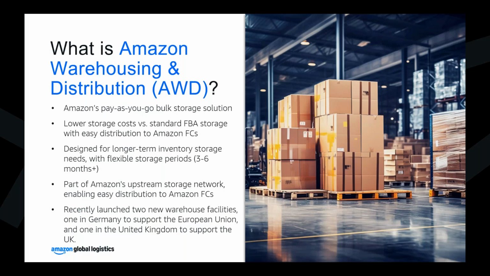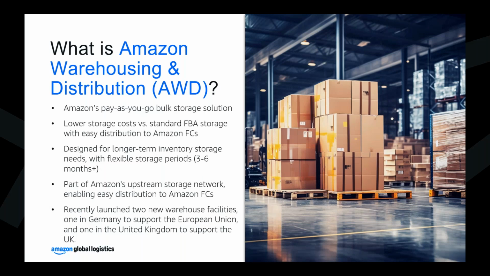AWD was constructed to allow sellers long-term storage before the fulfillment centers, and you can really benefit here from lower storage cost versus what you would be getting in the fulfillment center, just because it's really built for long term. So you can send in your inventory for, let's say, 3 months, 6 months, 9 months, 12 months, really up to you and how you want your supply chain to work.